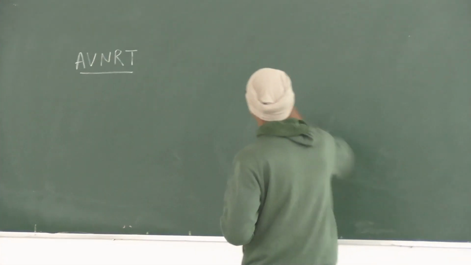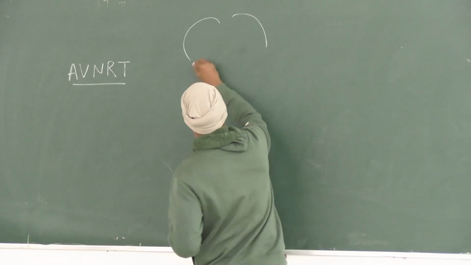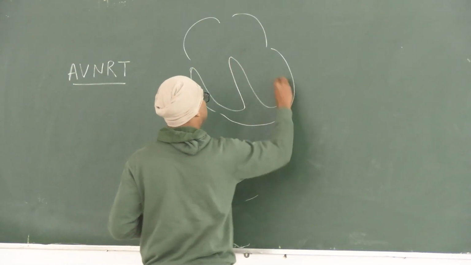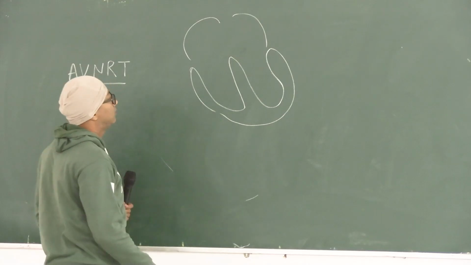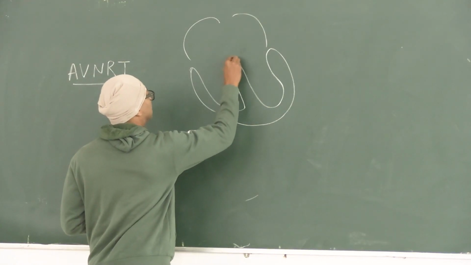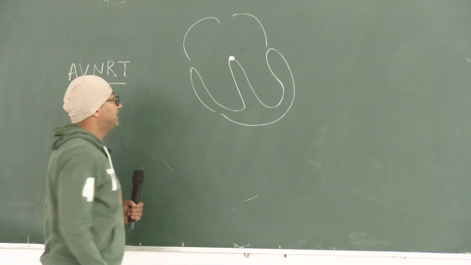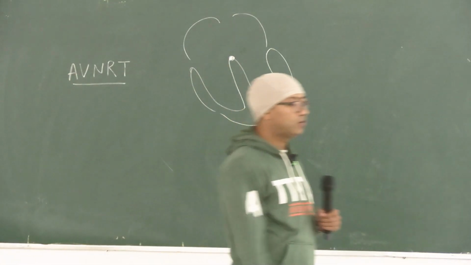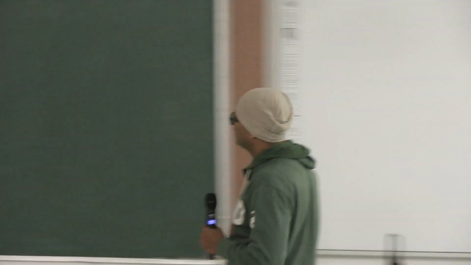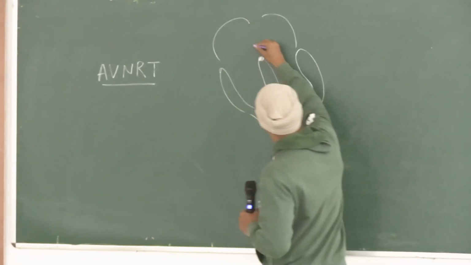So this is your heart. Where is the AV node? Here is the AV node. And in AV nodal re-entrant tachycardia, the circular fiber is located around the AV node.